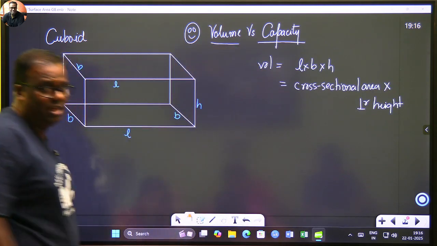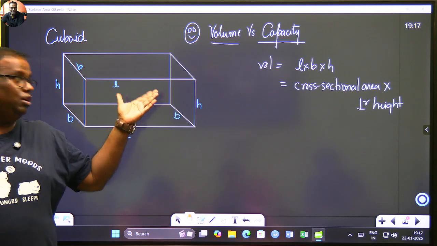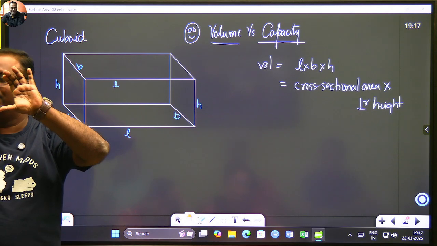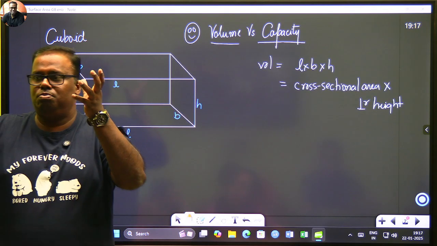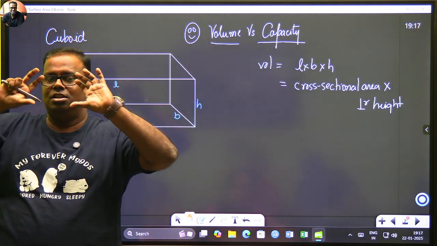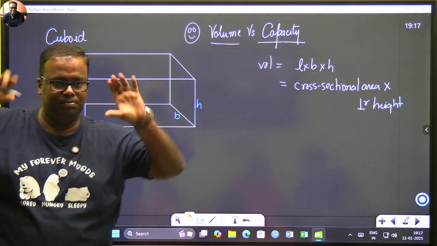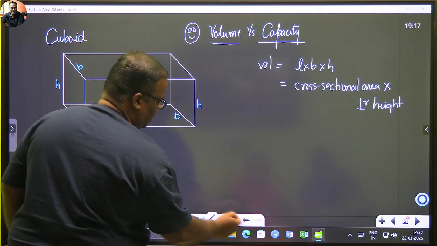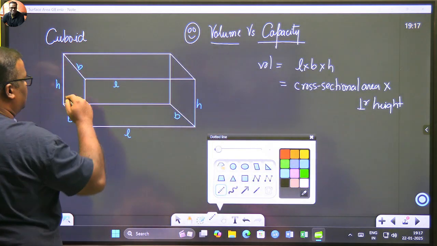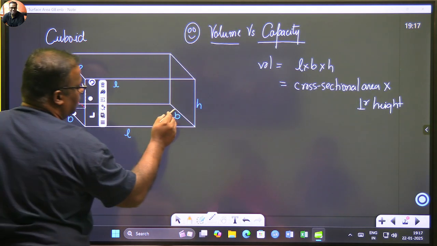What is cross-sectional area? Imagine this as a vanilla brick ice cream. Did you understand? If you chop the ice cream bar in this manner, with a straight samurai sword, what will you see? A rectangle. If you slice the vanilla ice cream bar, what do you see? I'm talking about the face. Once you chop this up, you will see something like this, right?